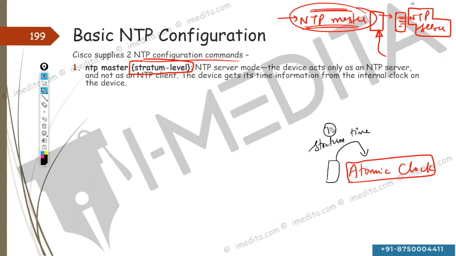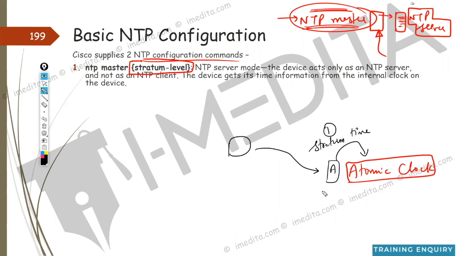Now, think about it this way: let's say there is another device which wants to synchronize time. I'm just drawing boxes here, so don't think this is a router or switch. I'm taking any device which utilizes the NTP protocol, in general. So let's say this device here synchronizes its time with device A.